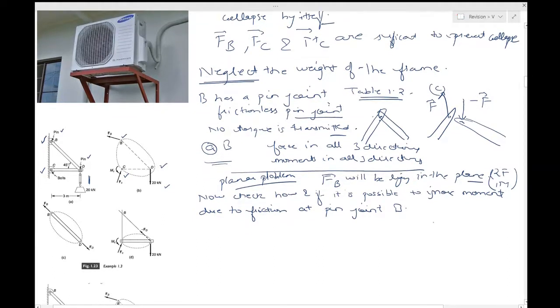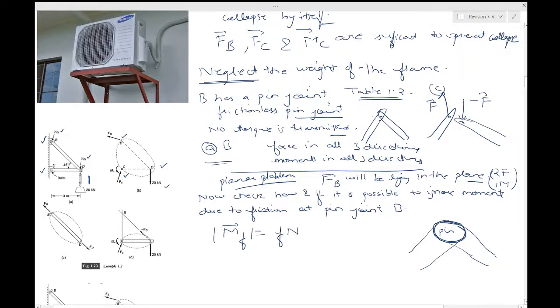So let's consider this pin. This is the pin. If it did have friction, say the joint is like this, and there was some sort of friction on this pin, then the moment due to that friction will be equal to F times N, which is the normal force.